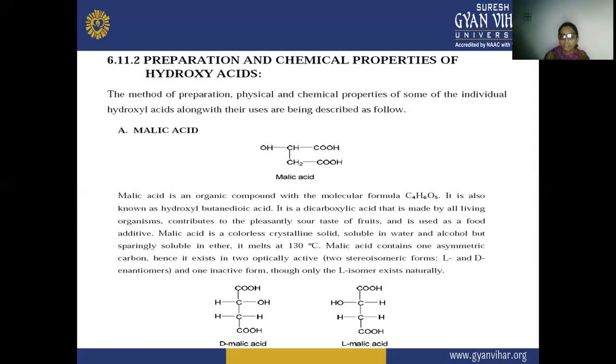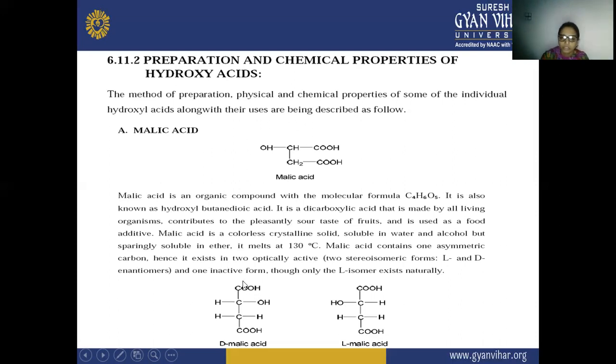Hence it exists in two optically active forms and one inactive form, and only the L isomer exists naturally. Here you can see the malic acid contains one asymmetric carbon. This is the asymmetric carbon because its four sides are bonded to different atoms.